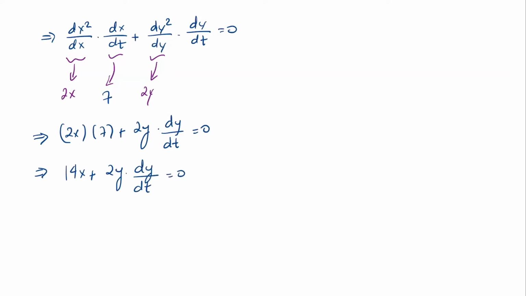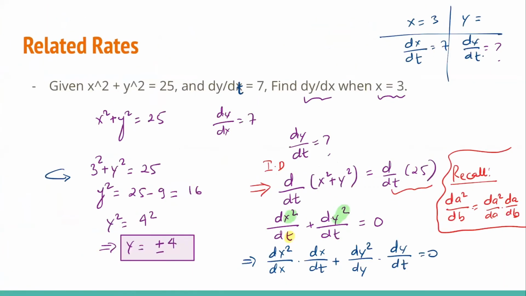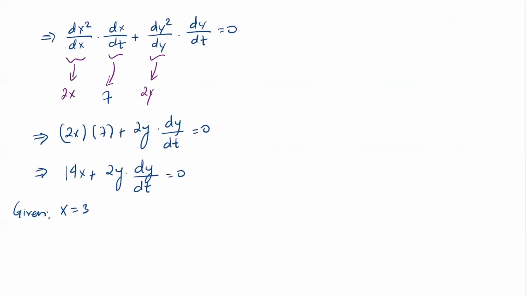Also, what we can do next is, now we are given x equals 3, so from here the value of x is given as 3, and we can put that value. So 14 times 3 plus 2y times dy over dt equals 0.